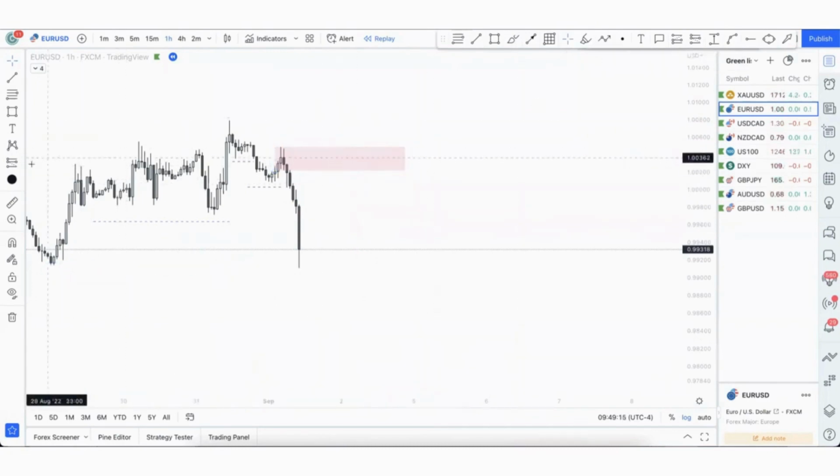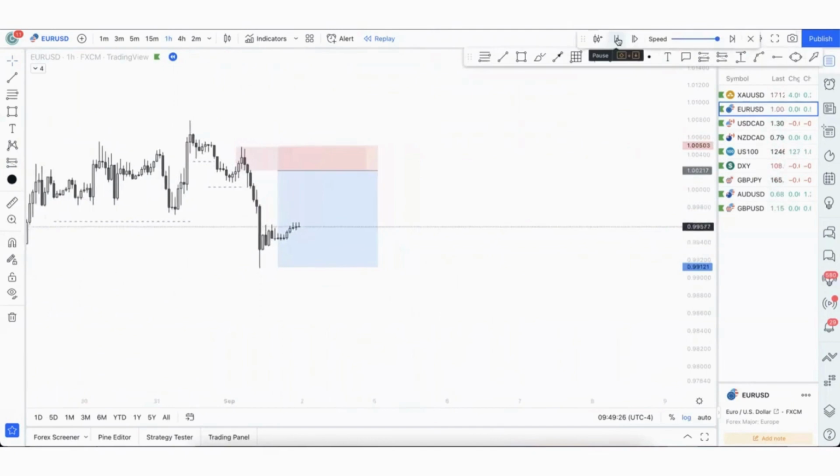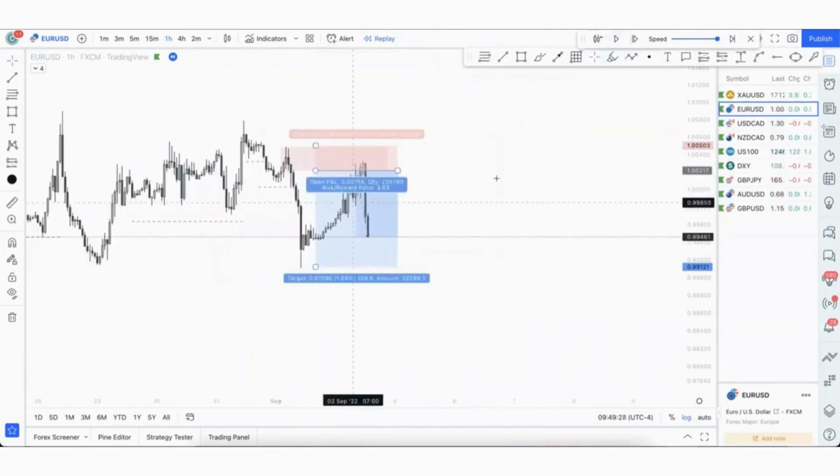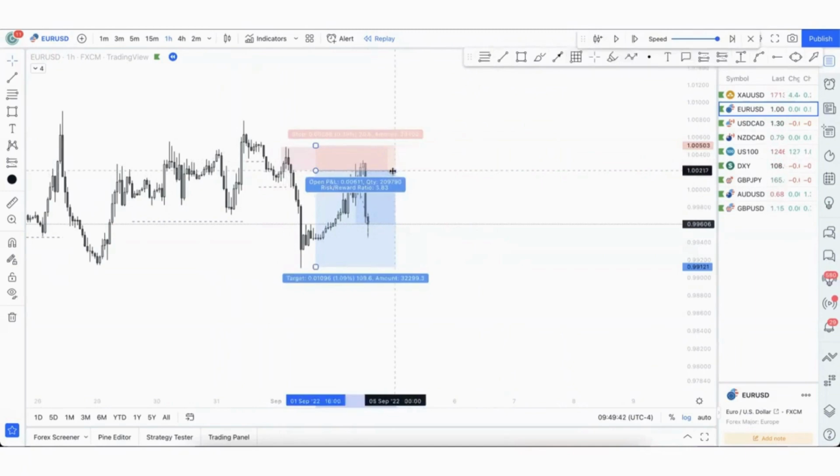As you can see here, the price came back to the supply zone on this untested area, and now it's already mitigated.